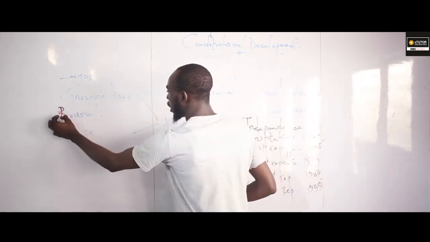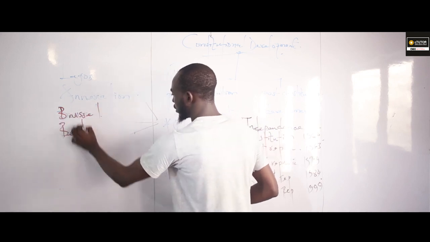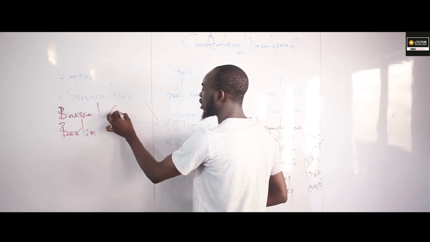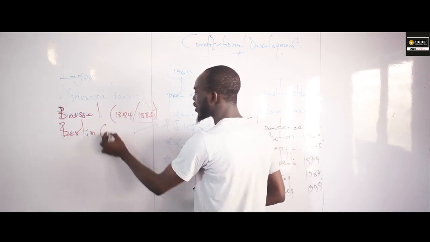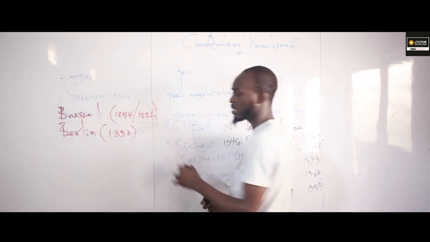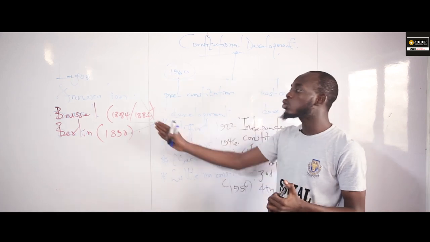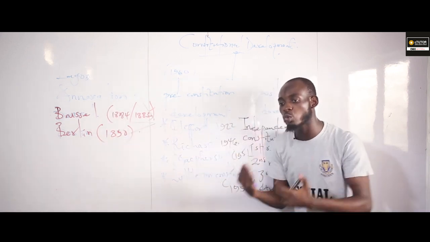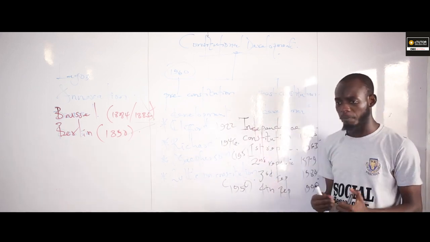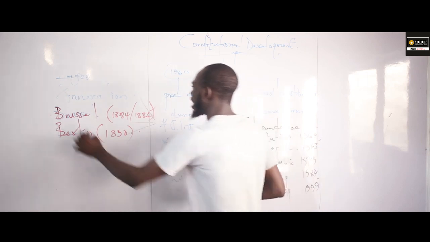The Brussels Conference was held in 1884 to 1885, and the Berlin Conference was held in 1890. After these two conferences, Britain decided to colonize Nigeria. Am I communicating? And don't forget the Lagos annexation.